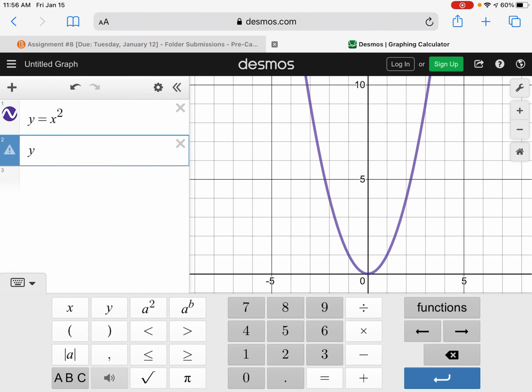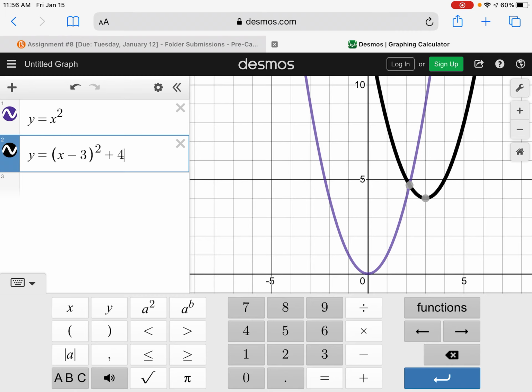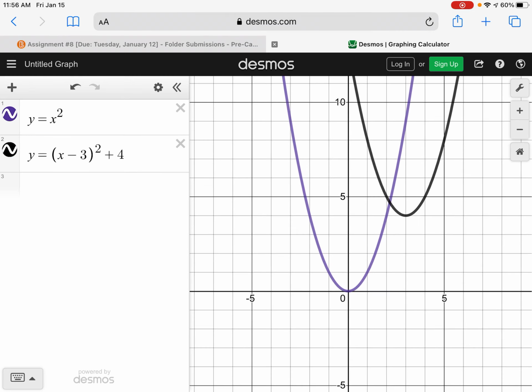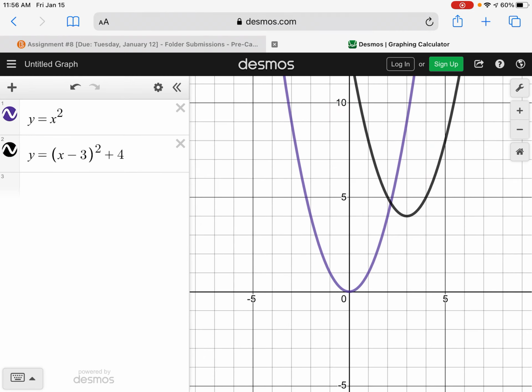And if we make a new parabola equation, just creating something off the top of my head, x minus 3 squared plus 4, you can see that that has the effect of shifting the graph 3 units to the right and up 4 units. So your horizontal translation is 3 units right. Your vertical translation is 4 units up. A number and a direction for each of those translations. And you can get that from the equation.